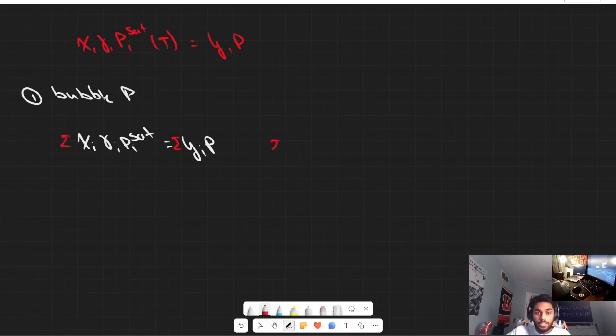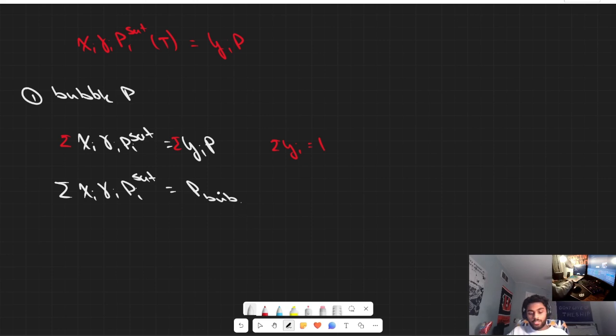If we take the summation of yi, we have 1. So essentially what we have is the sum of our liquid mole fraction times our activity coefficients times our pure component vapor saturation pressure is equal to our bubble pressure.